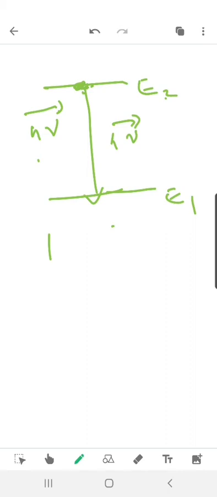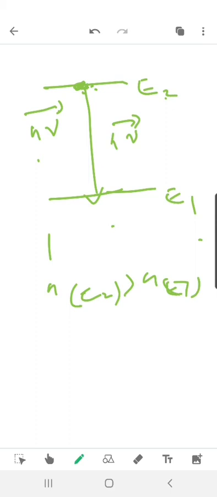Okay. So when this is achieved, the system is called population inversion or inverted population. So when the number of electrons at E2 is greater than number of electrons at E1, we say that it is population inversion.